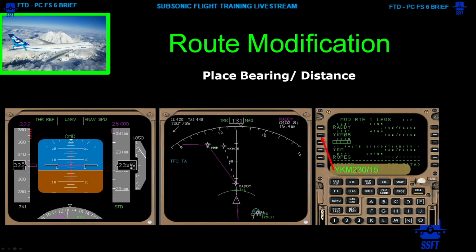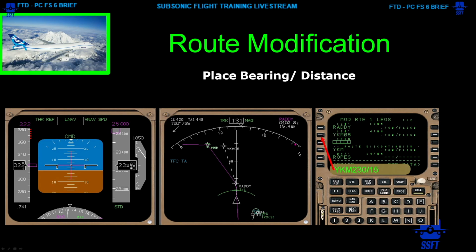So it'll say Yakima 230.0/015.0. So it just comes back down, not quite like this, but in tenths of a degree and in tenths of a mile. So in this case, we would execute that, confirming with the pilot flying.